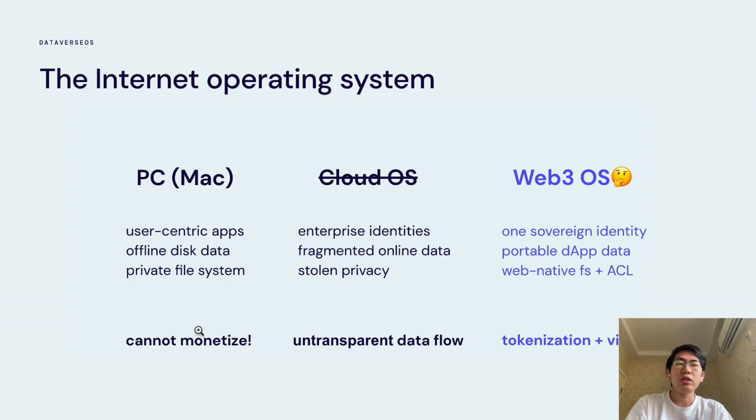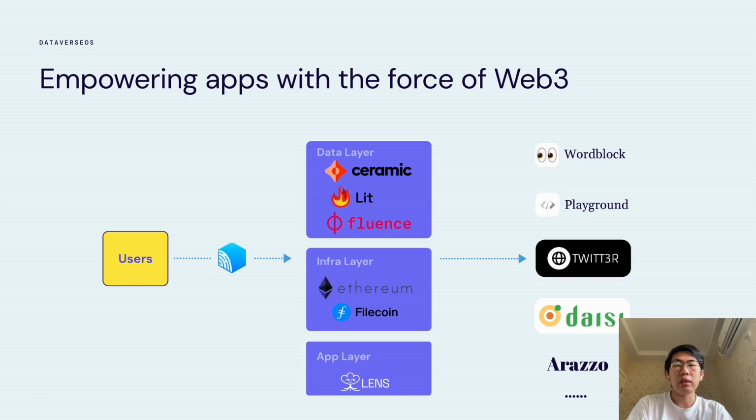The next generation personal computer is going to take the best of both the convenience of the cloud and the security and privacy of a local PC. So in summary, Dataverse OS will control and manage protocols like Ceramic and Lit to make it easier for developers to create all sorts of cool applications on top of these protocols.